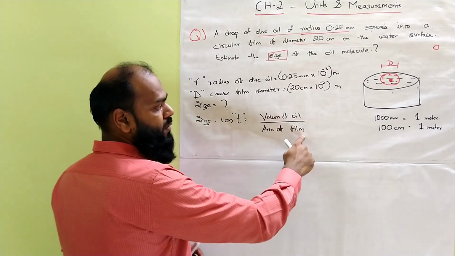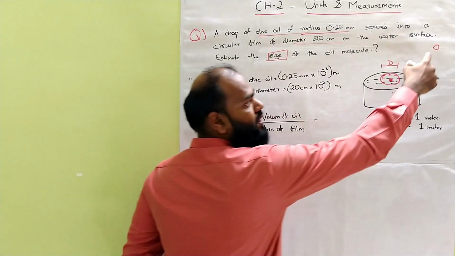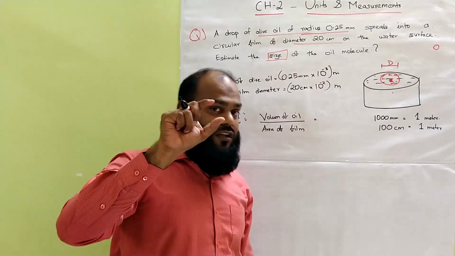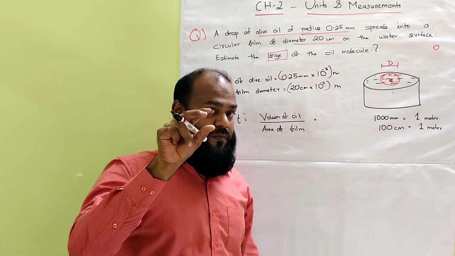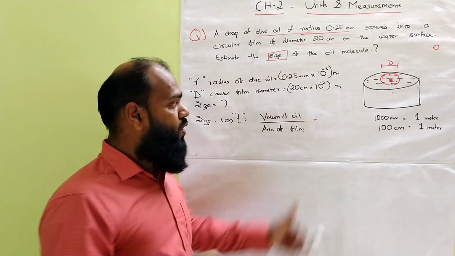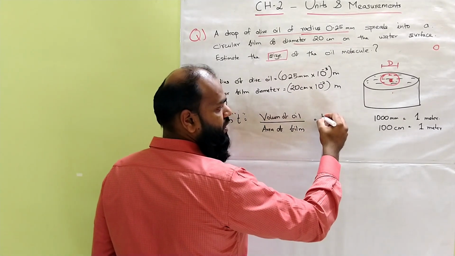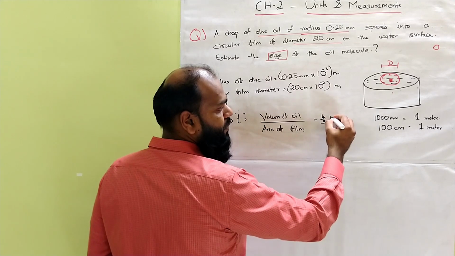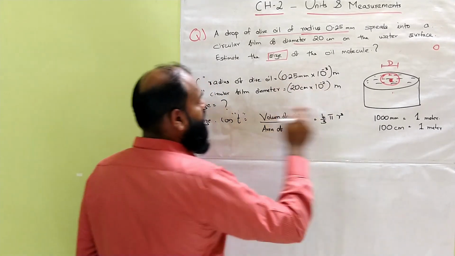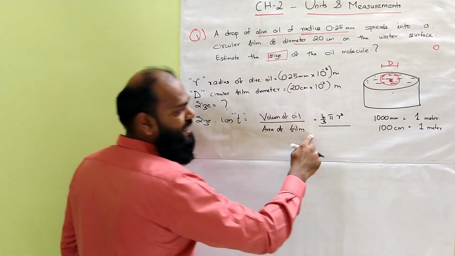We know that thickness is volume of oil divided by area of the film. What is the volume of the oil? The drop of oil which we dropped on the trough is spherical in shape. So we need to find the volume of this sphere. Volume of the oil is nothing but volume of the spherical drop, which is 4 by 3 pi r cube, where small r is the radius of the olive oil, divided by the area of the film.